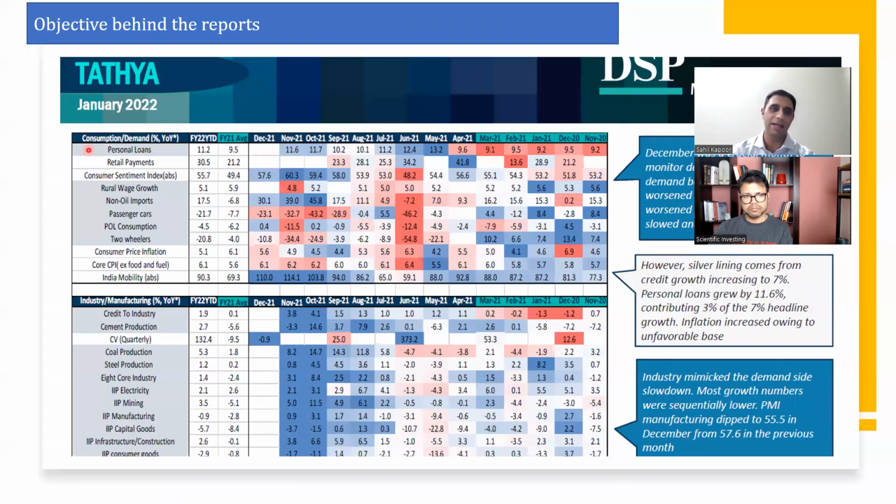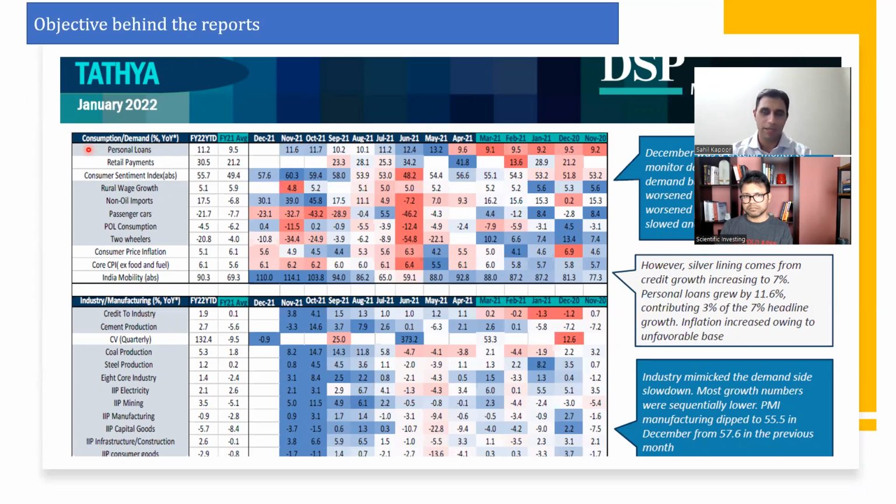This is again an indicator which tells you how consumption demand is panning out, because if you take 100 rupees of India's GDP, between 56 to 60, depending on which quarter you're talking about, comes only from private consumption. So this is the large part of our economy.